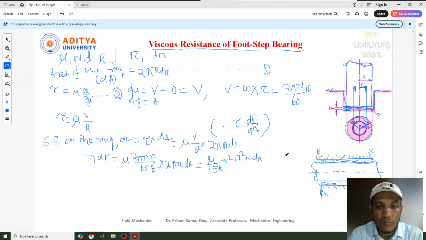We can call this equation 3, the shear force equation.